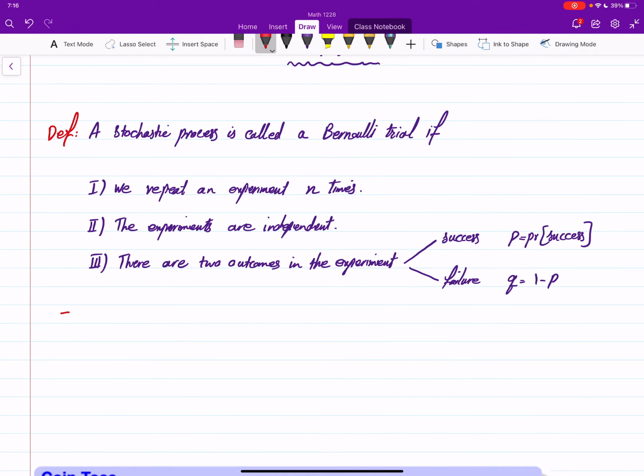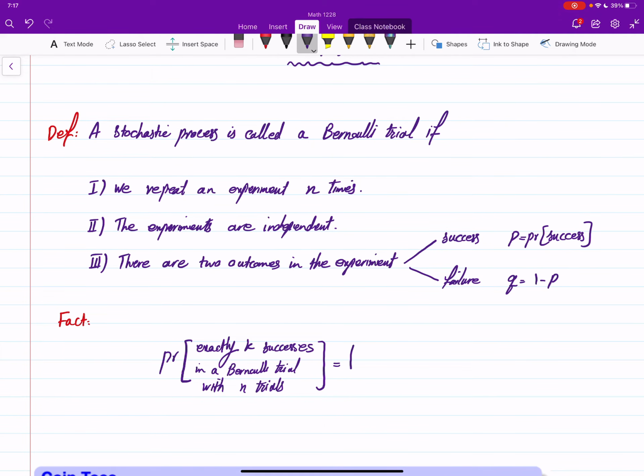There is a fact, a theorem, a mathematical knowledge, that if you're interested in finding the probability of exactly k successes in a Bernoulli trial with n trials, with the above notation P and Q, this is going to be given by this.